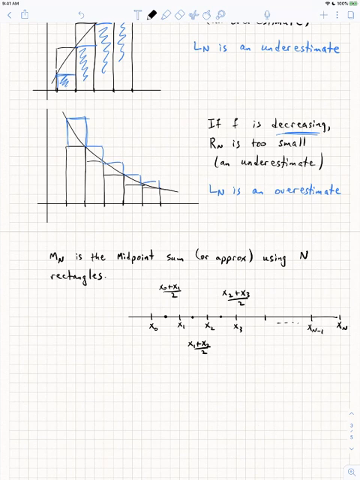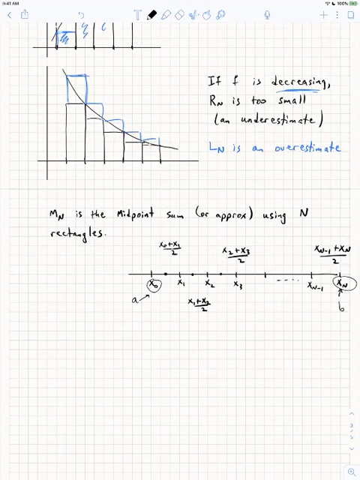So between x sub n minus 1 and x sub n, the midpoint is x sub n minus 1 plus x sub n over 2. Now, don't forget that x sub 0 is actually a, and x sub n is actually b, but sometimes it's just more convenient to write them in terms of their index.